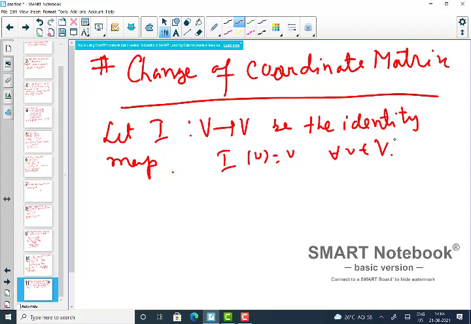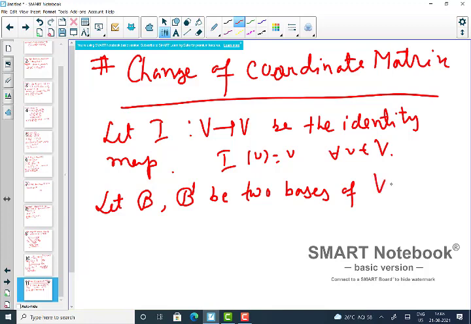It's simple. Now, if you choose two bases, for example, let's say B and B dash, two bases of V. Then the question is, if you want to change the basis from B dash to B, what does that mean?